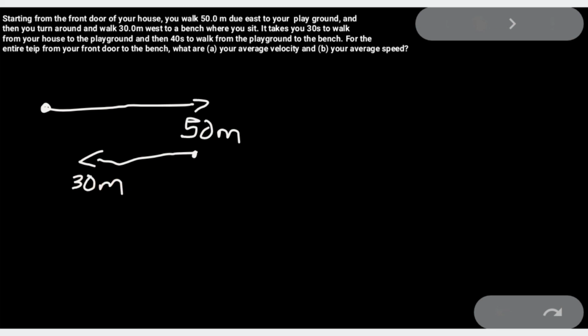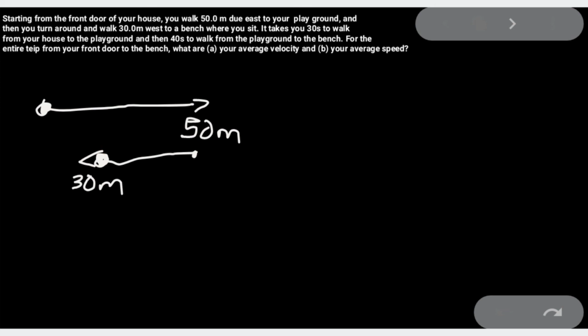Now, we are concerned with looking for the average velocity. We all know that the displacement is the distance from the starting point to the end point. This is your starting point and this is your end point.